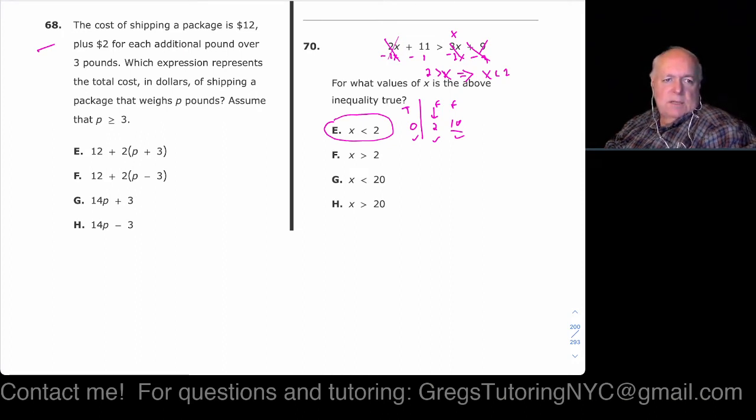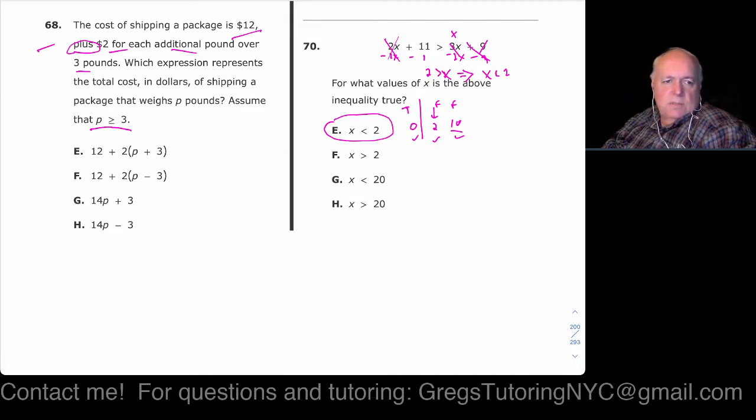The cost of shipping a package is $12, plus $2 for each additional pound over 3. Which expression represents the total cost in dollars of shipping a package that weighs p pounds? Assume that p is greater than or equal to 3. So let's just try to do a model first.